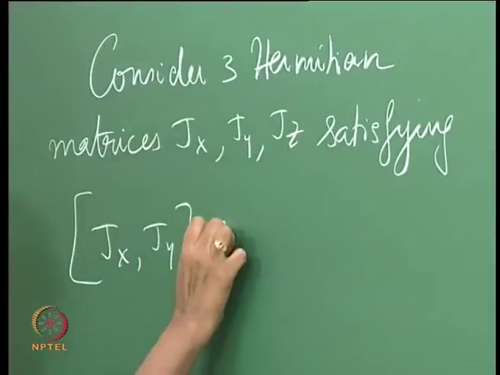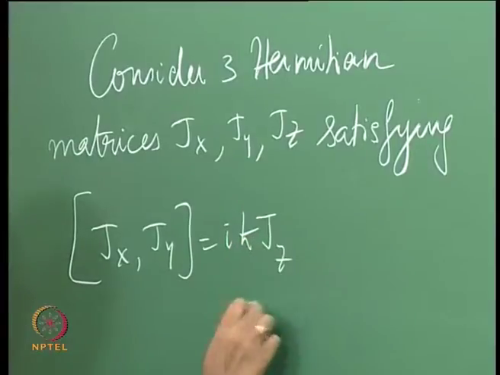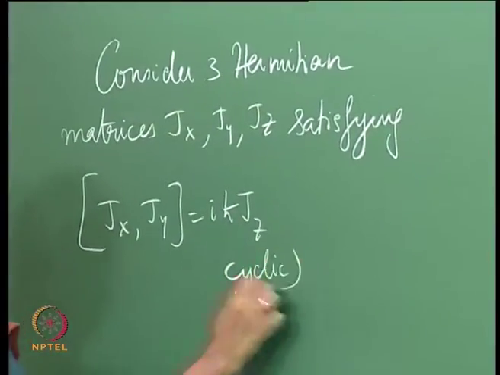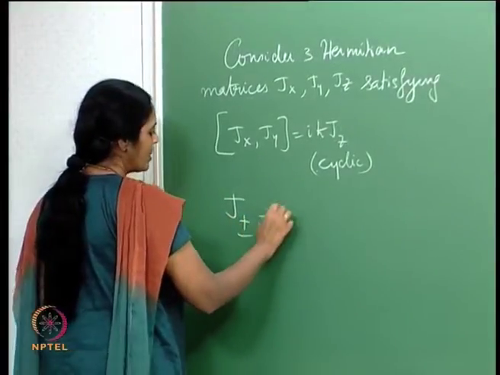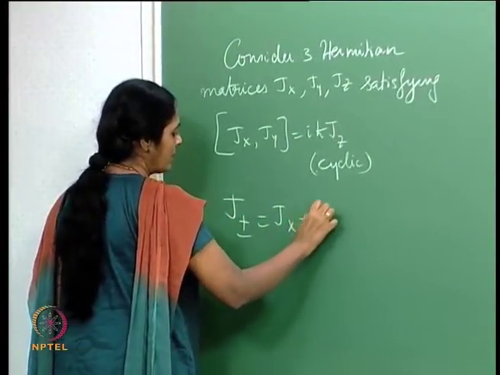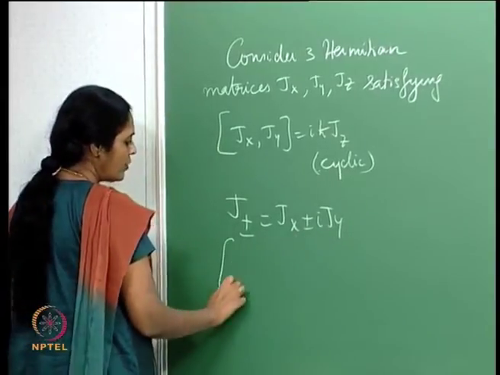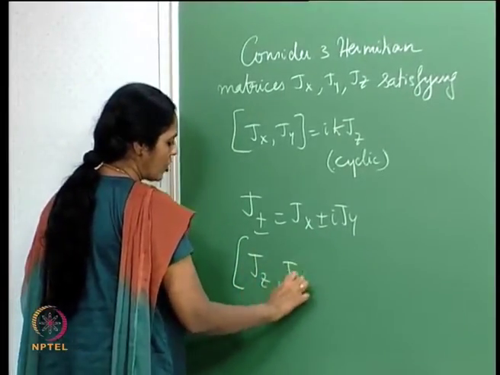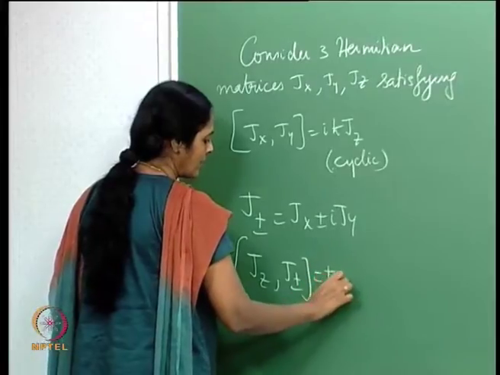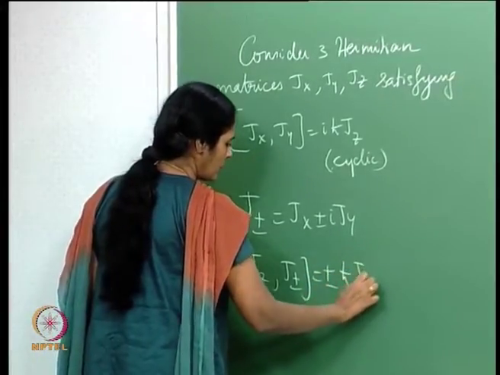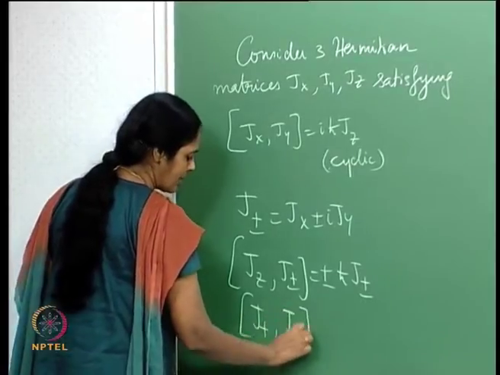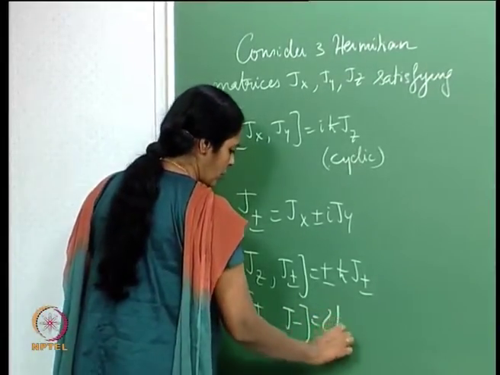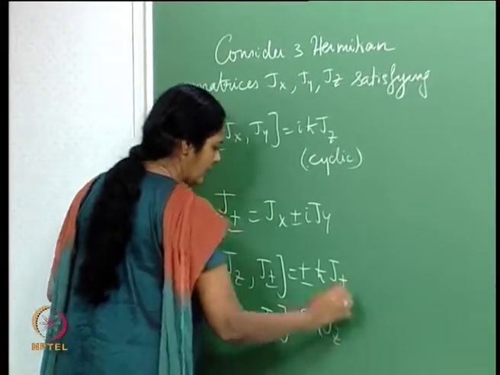Jx, Jy commutator is i h cross Jz, cyclic relation. Define J plus, J minus as Jx plus minus i Jy, and then surely [Jz, J plus minus] is plus or minus h cross J plus minus, and [J plus, J minus] is 2 h cross Jz.